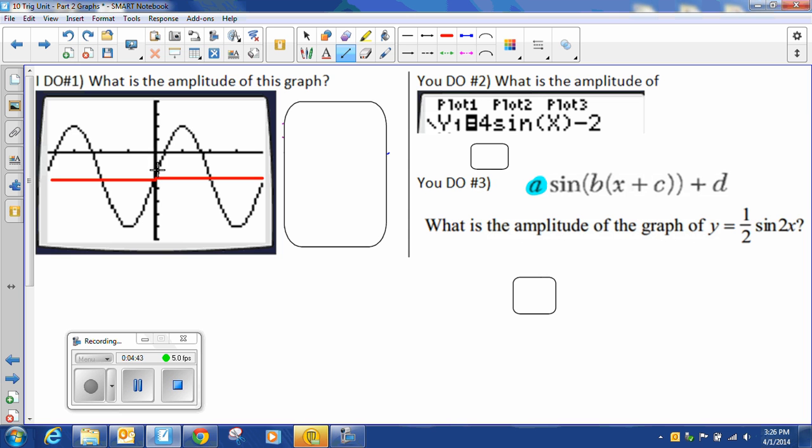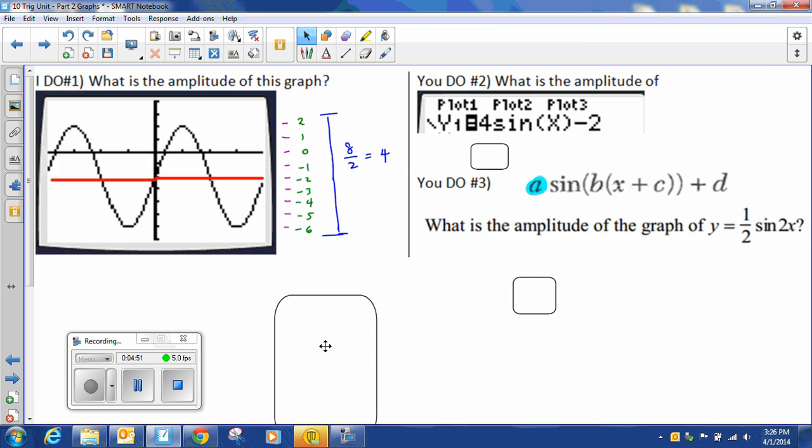Okay, now if you count, it's 1, 2, 3, 4 units above, and 1, 2, 3, 4 units below the midline in order to get to the maximum point and the minimum point. Another way you could have done it is just subtracted 2 minus -6 to get 8, and then divide that by 2, 4 is the amplitude.